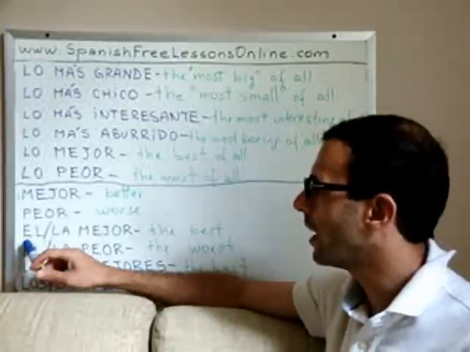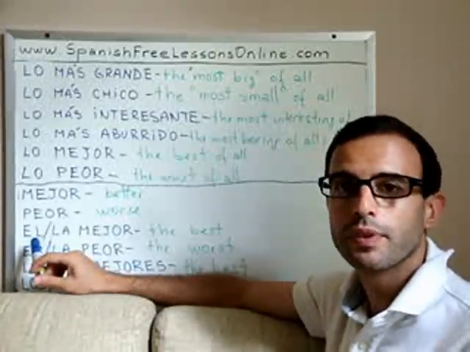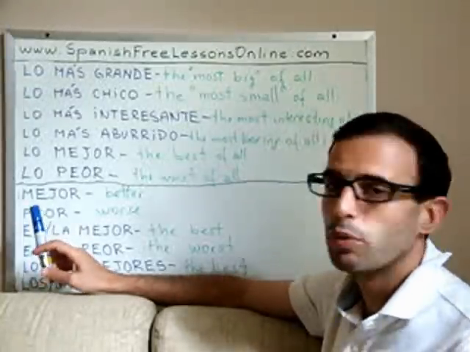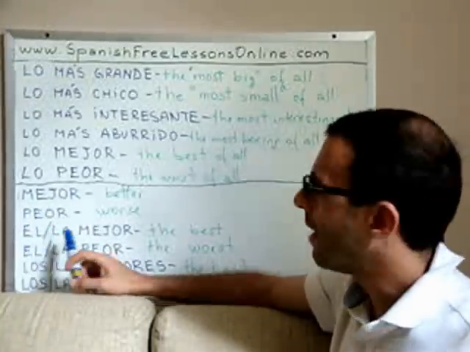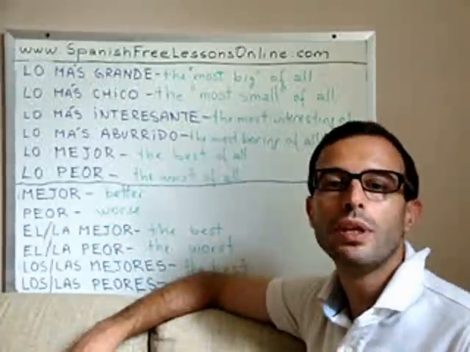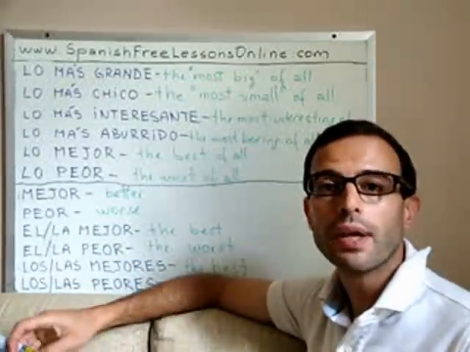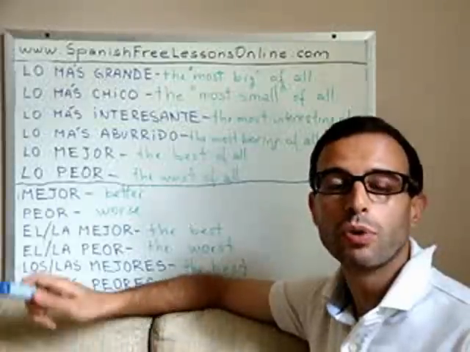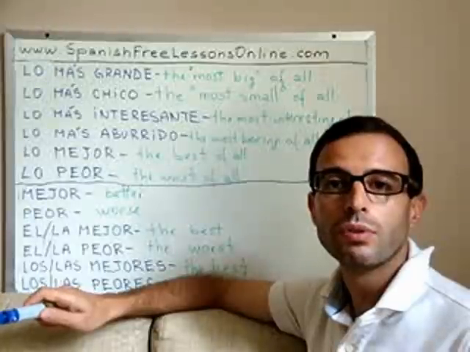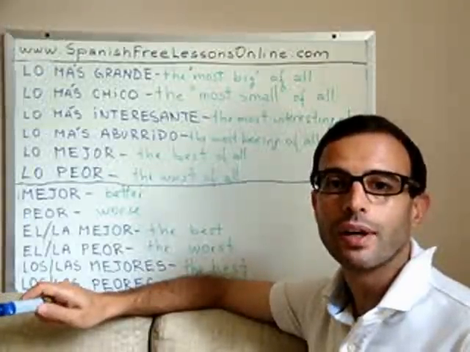And if instead of adding an article before, you add the word que afterwards, mejor que, then instead of being best, it means better. And the word que is equal to the word than, right?